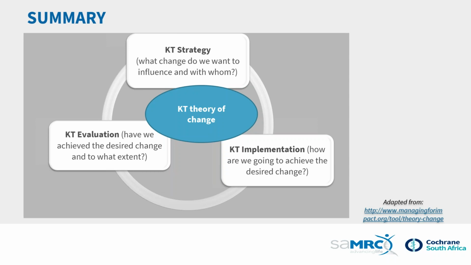So in our strategy, we're often concerned with what change do we want to influence and with whom. In KT implementation, we think about how are we going to achieve the desired change. And for KT evaluation, we ask ourselves, have we achieved the desired change, and to what extent?